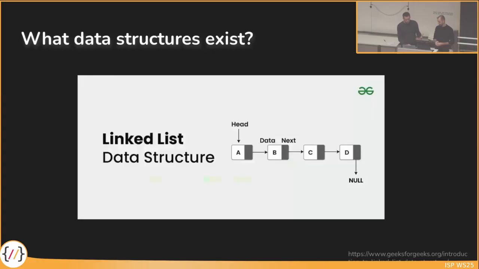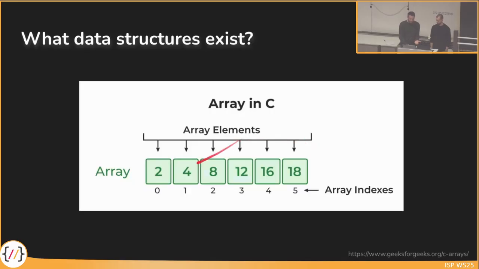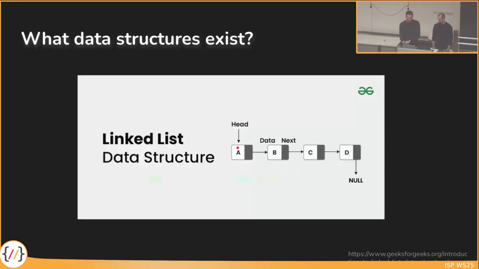The idea behind it is that we have different items, and they are connected or linked to each other. So it's quite similar to before, that we have some items, but in this case we have a first item which is called head, and then this item is linked or has a reference to the next item.